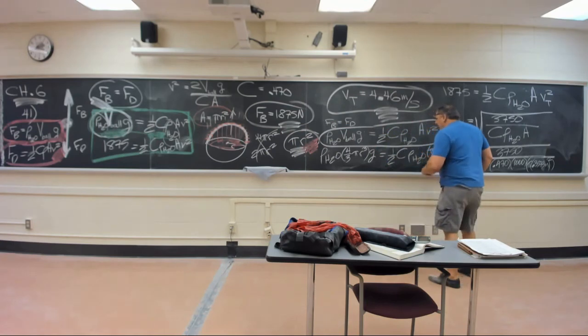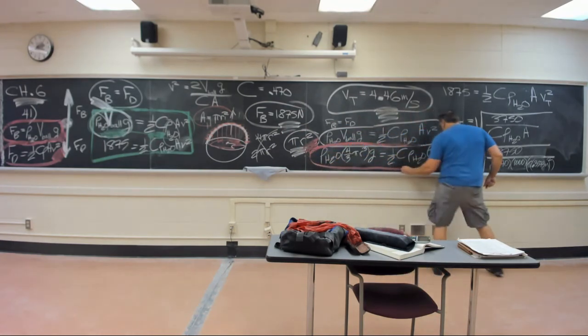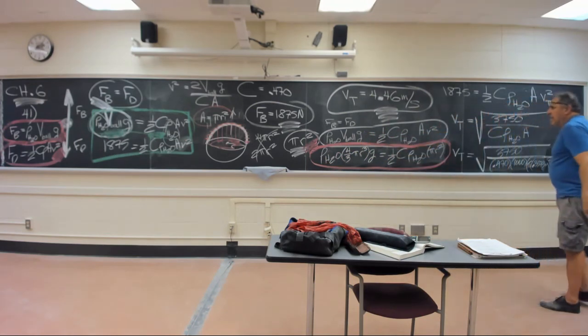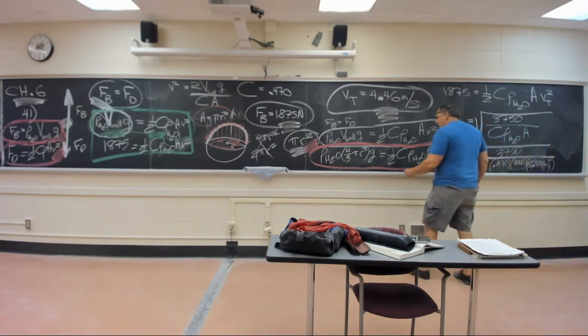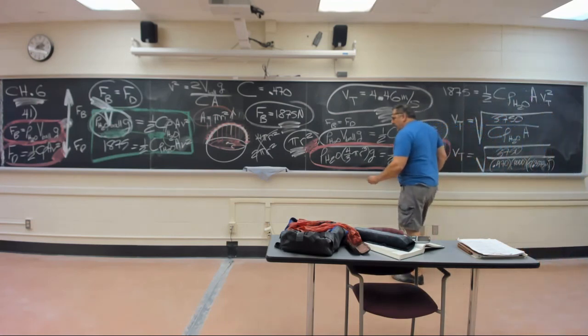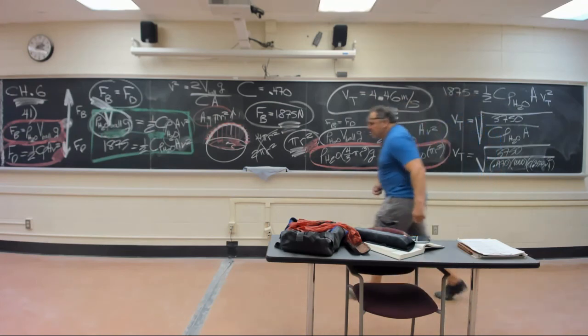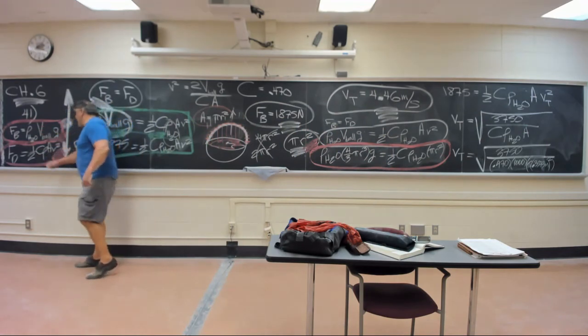So if you're looking at it like this, can we do it? Absolutely we can do it. Now I'm just doing straight non-numeric symbolism. I took FB is this, FD is that.